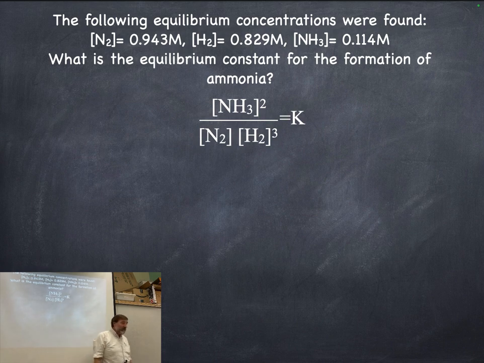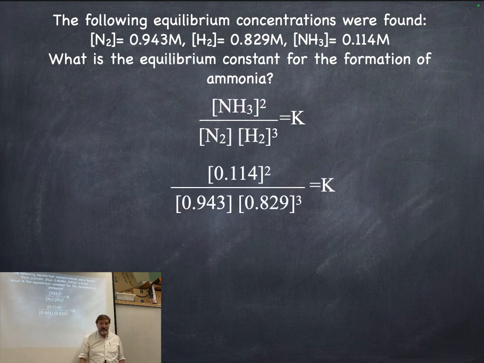Then you take the equilibrium expression and plug the known concentrations at equilibrium into these values. So the concentration of the ammonia is 0.14. Remember that then becomes squared. The concentration of the nitrogen is 0.943. Concentration of hydrogen, 0.829. That's cubed.